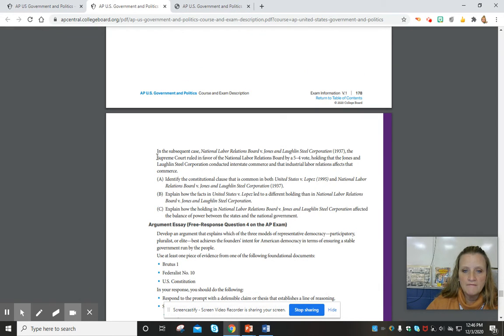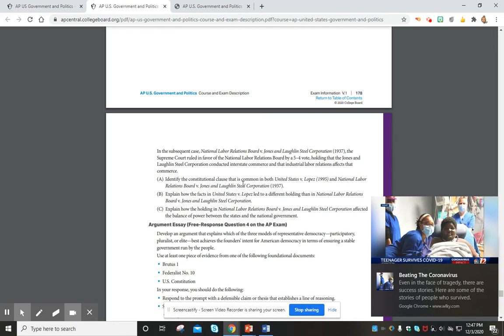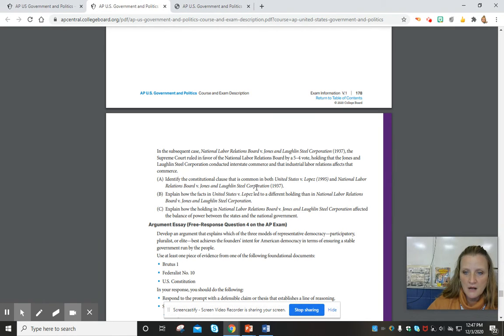All right. In the Supreme Court case, the Supreme Court ruled in favor of the National Labor Relations Board, holding that the Jones and Laughlin Corporation conducted interstate commerce and relations after that commerce. So you're going to identify the constitutional clause that is common in both U.S. versus Lopez.